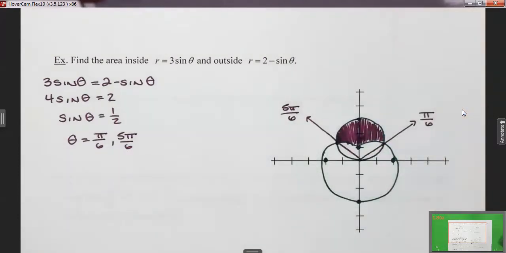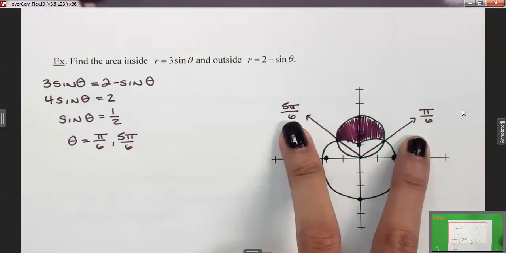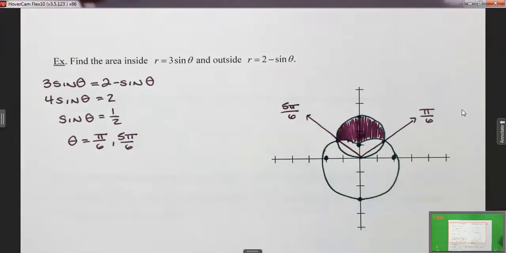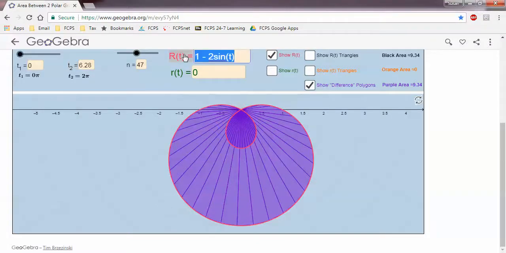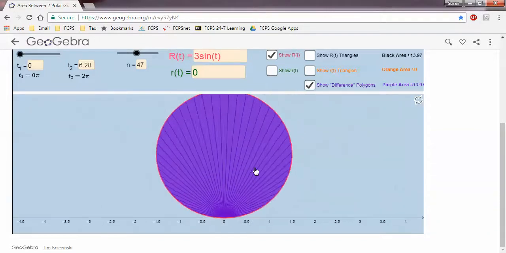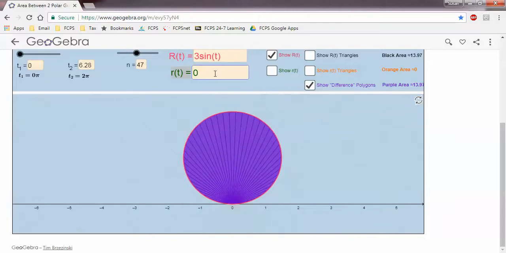How do you think I find that area? Yes, that's perfect. The area of the circle with these bounds, and then subtract the area of the limaçon with the bounds. So let's go back to here. What is it? 3 sine theta, and what's the other one?